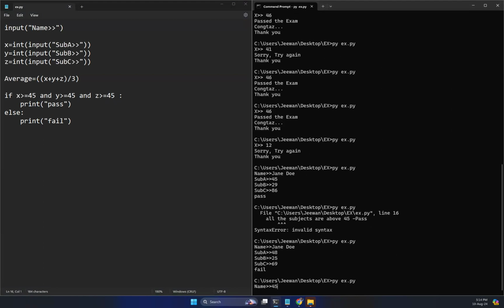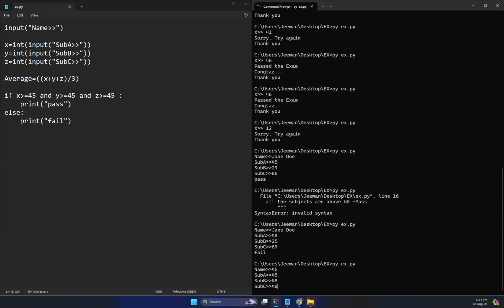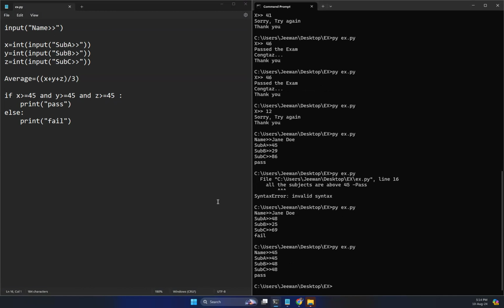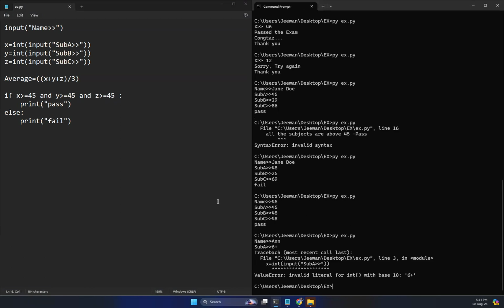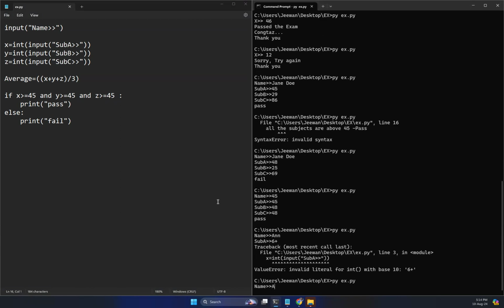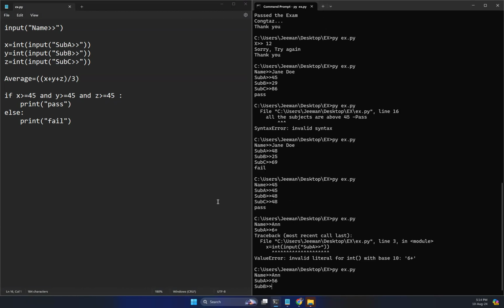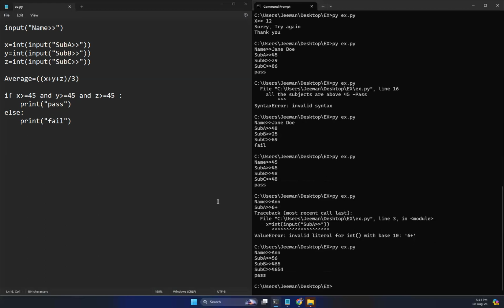Then fail. You can see the name. Then pass. Now, this is how we do it. You have whatever the name of the user, input name. What I do, you're not going to save it.